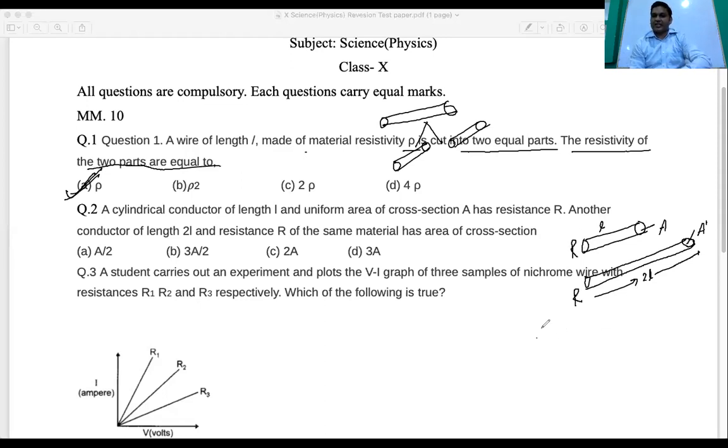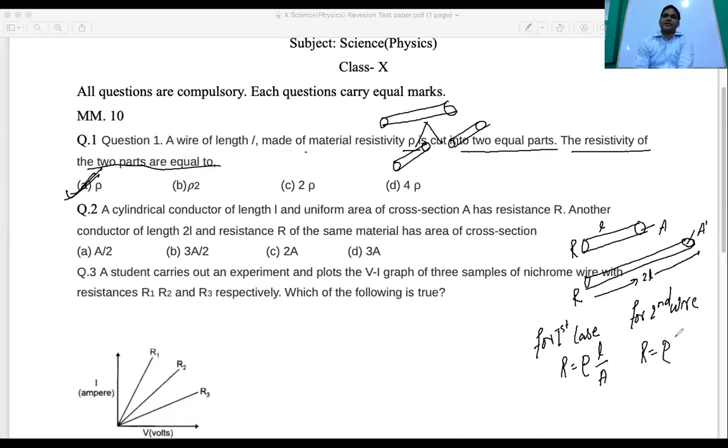For the first case, you can write R is equal to rho L by A. For the second case, the resistivity will be the same because they are of the same material, and the length is 2L and the area of cross section, let's say, is A dash. Now you can equate these two.